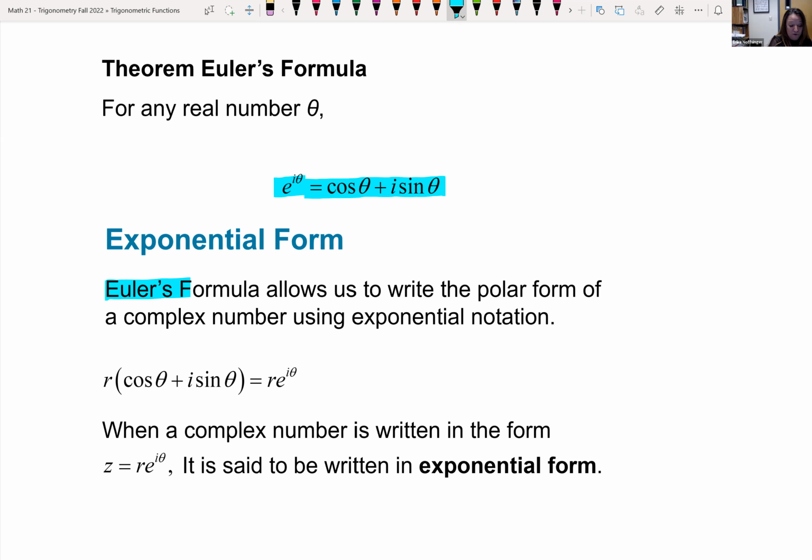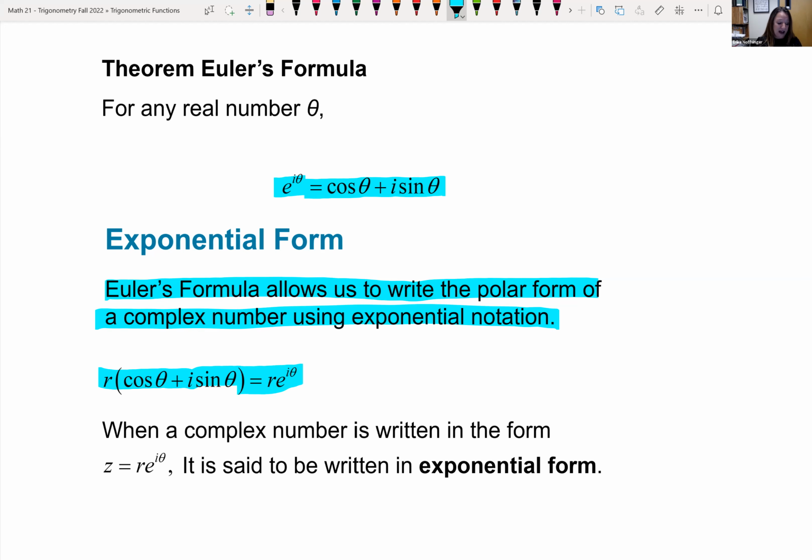So Euler's formula allows us to write the polar form of a complex number using exponential notation. So r times the quantity cosine theta plus i sine theta is equal to r times e to the i theta. When a complex number is written in the form z equals r e to the i theta, it's said to be written in exponential form.